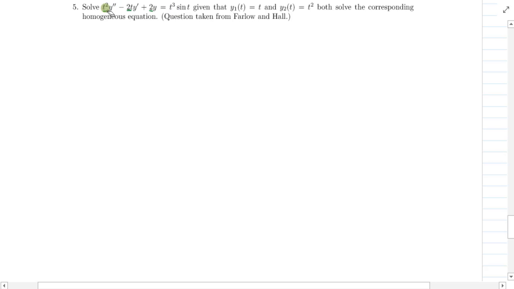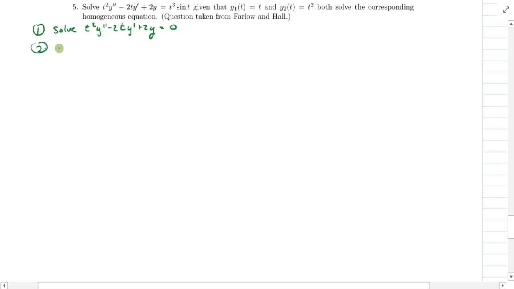All right, the next thing is that normally what are our steps to solving this? Let's just go ahead and recap the steps. 1 is to solve t squared y double prime minus 2ty prime plus 2y equals 0, the corresponding homogeneous equation.